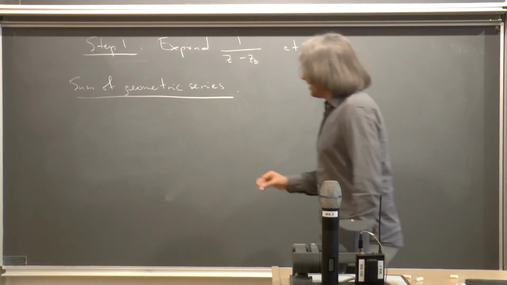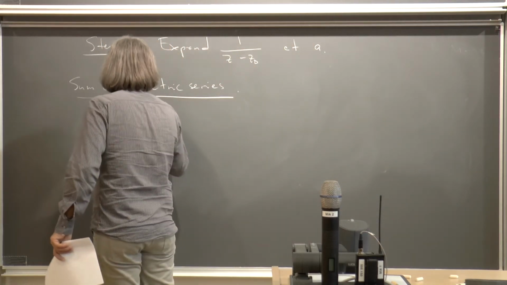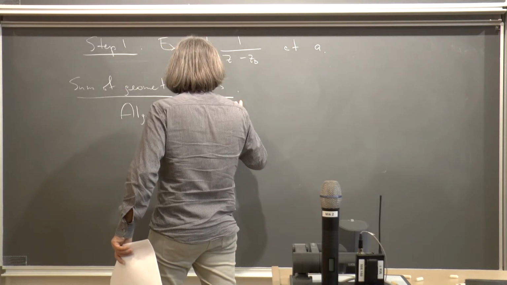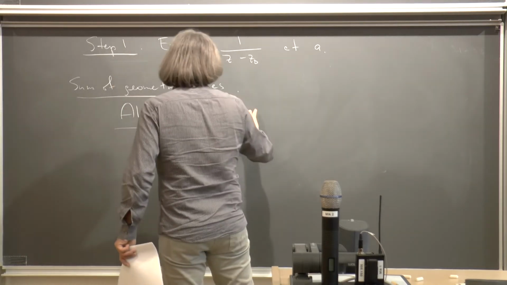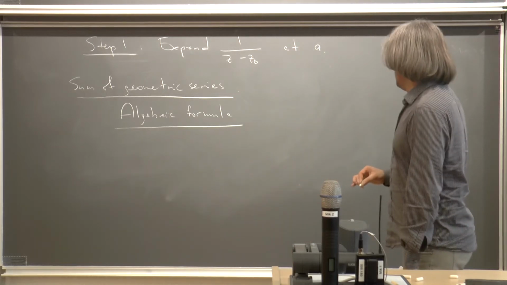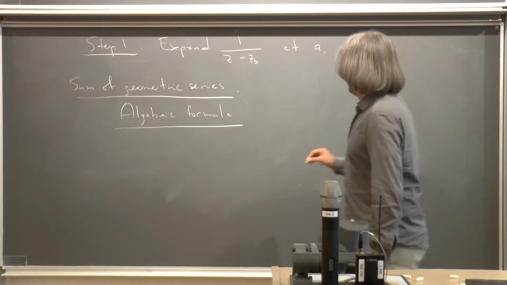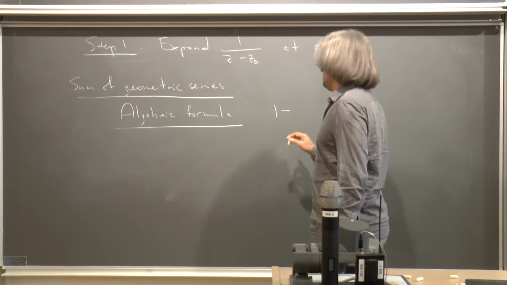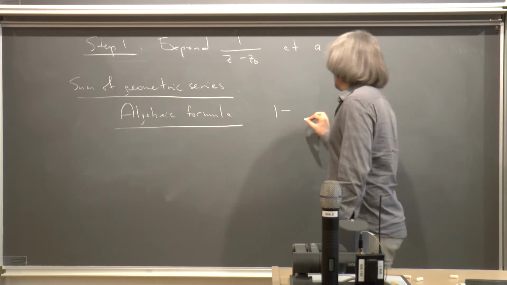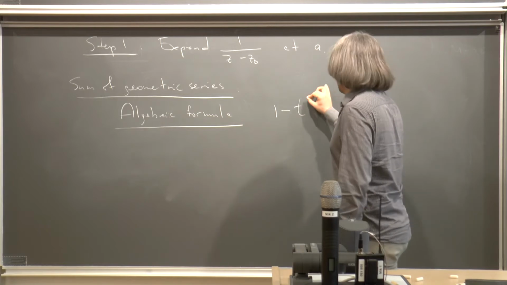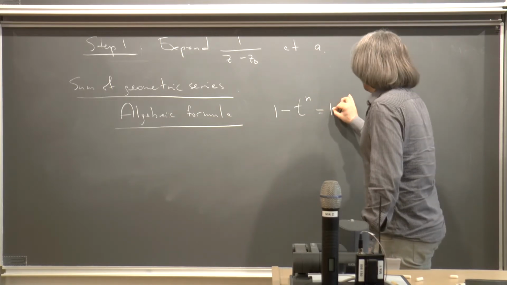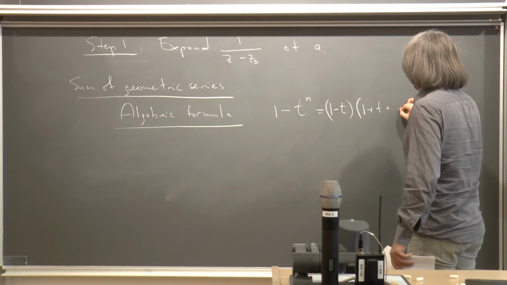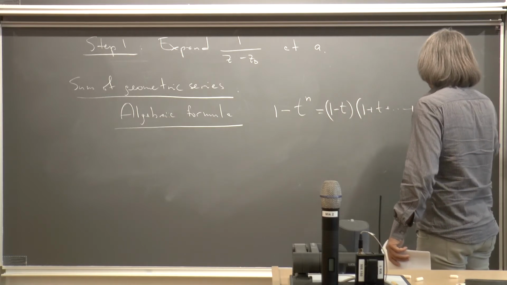So first of all, there's an algebraic formula. So the formula is that 1 minus t to the n is 1 minus t times 1 plus t plus so on plus t to n minus 1.